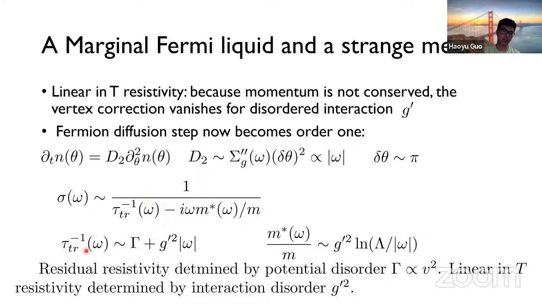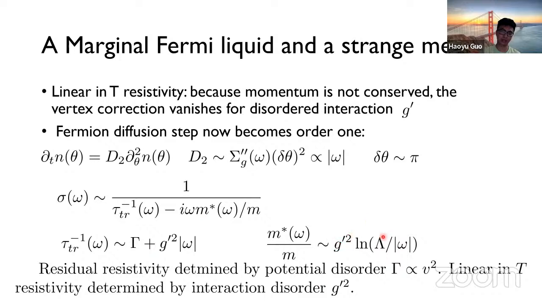In the transport decay rate, there is a constant term from the disorder, and then there is a square root of omega term coming from the G prime disorder, which, if you replace omega by temperature, will be a linear in T part.